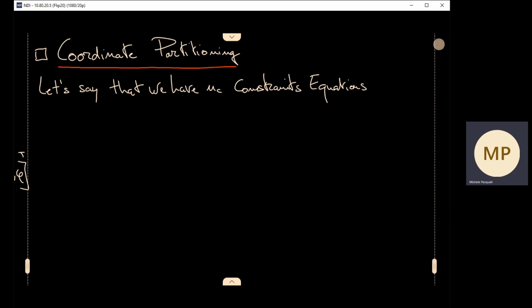Well, one constraint that we saw in the previous example, the condition of rolling without sliding, eventually implied three scalar constraint equations. So the number of constraints and the number of constraint equations which describe those constraints are two different things. And NC is the number of constraint equations.